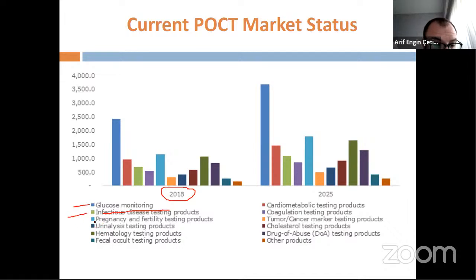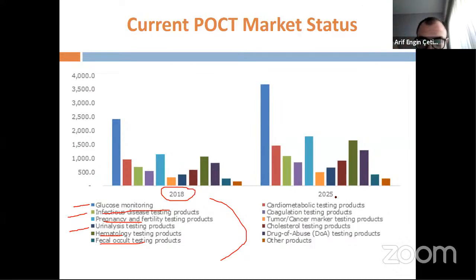Another well-known POCT test is the pregnancy test. Urine analysis is another POCT test. This helps you to test your own urine in home settings. Hematology and then fecal occult testing. These are some POCT tests taking a big portion of the market.